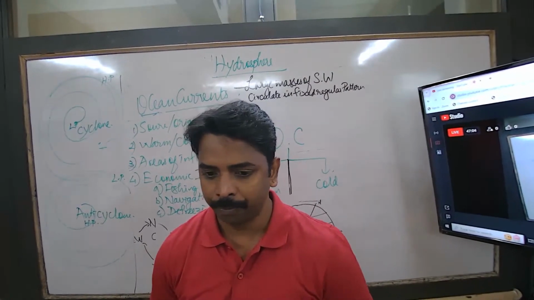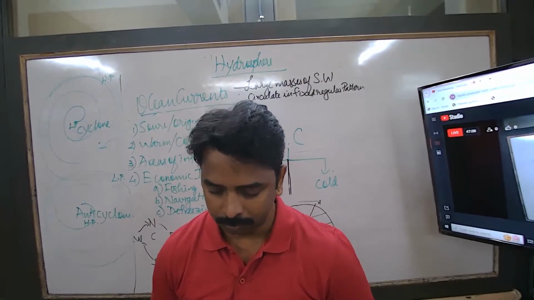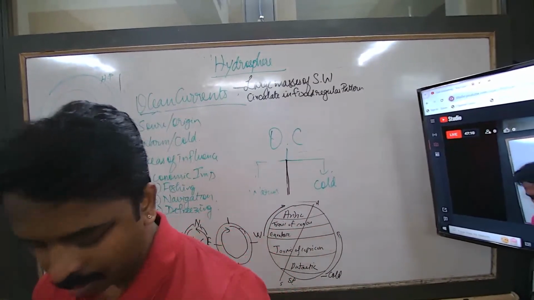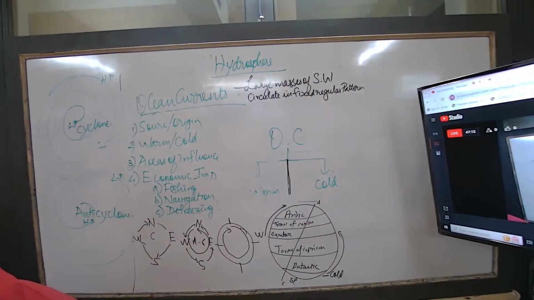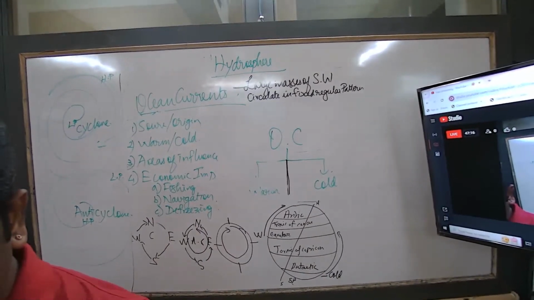Swift means speed, and flows over the North Atlantic part.